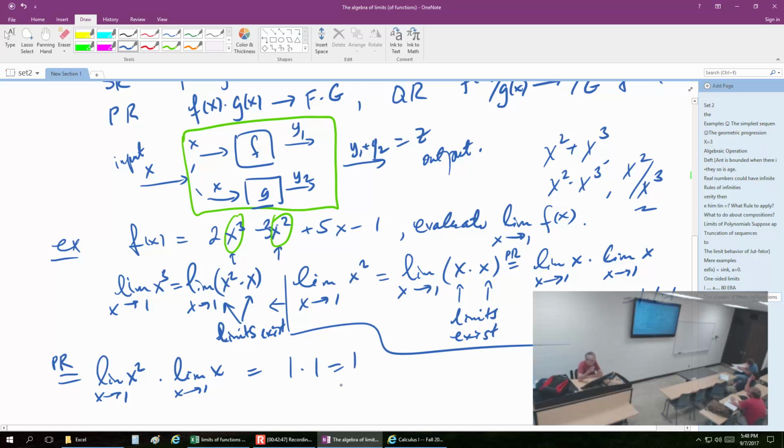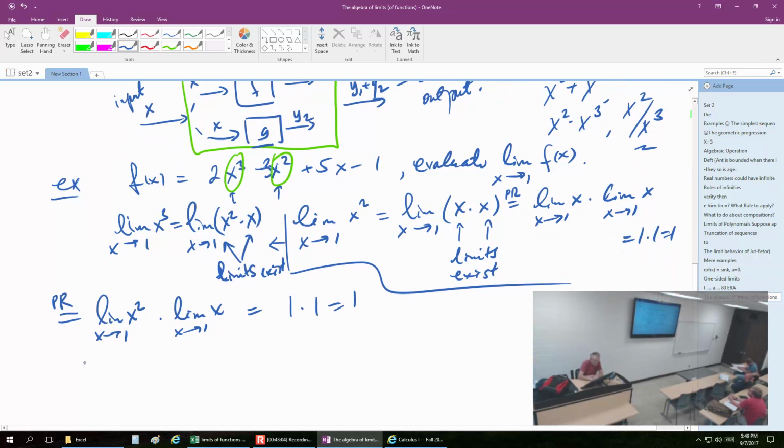So that is the preliminary computations that we had to take care of. And now we're putting everything together. Those circled, the green functions, are now known. Their limits are 1 and 1. And all that's left is just to apply, well, you'll tell me.